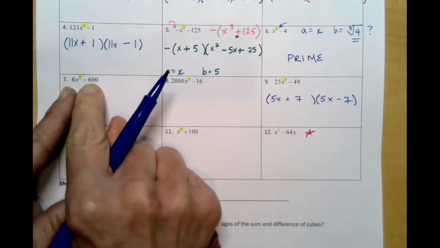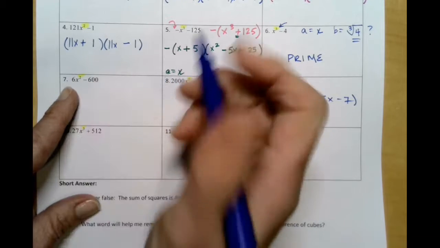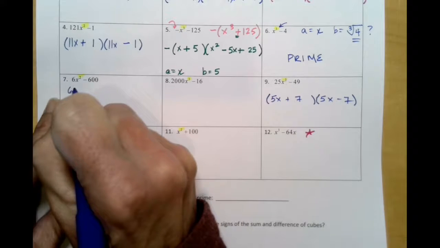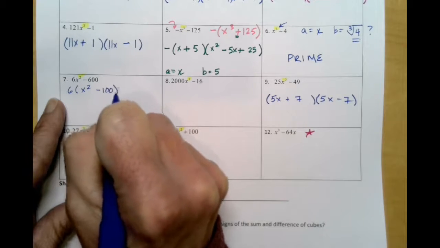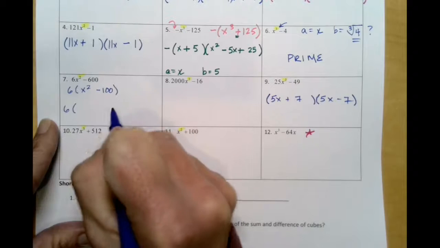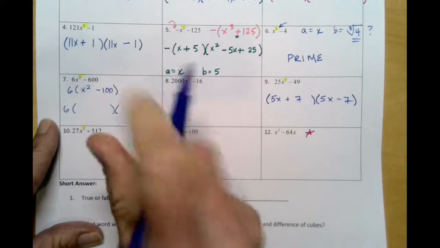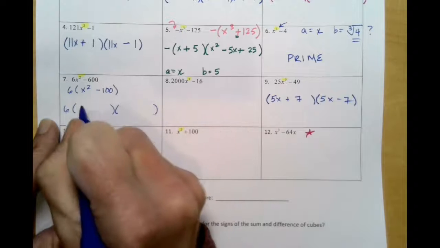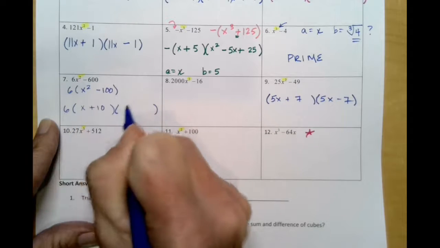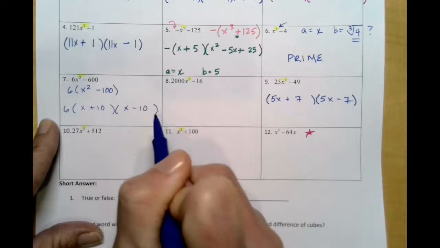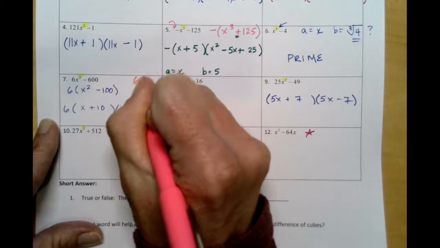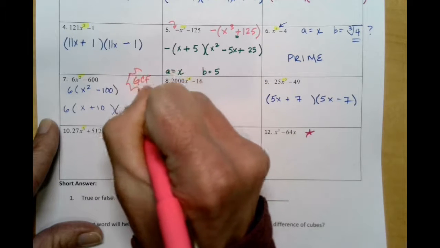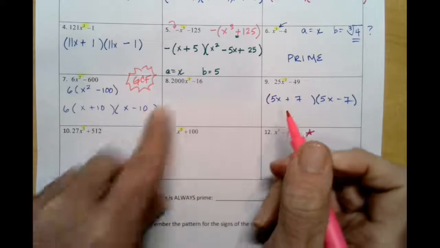But when I come over here, I want to make sure that I factor this 6 out, giving me x squared minus 100. All right, now I'm in good shape because now I recognize 100 as one of my best friends, x plus 10 and x minus 10. So remembering to take care of that GCF is going to be super important.